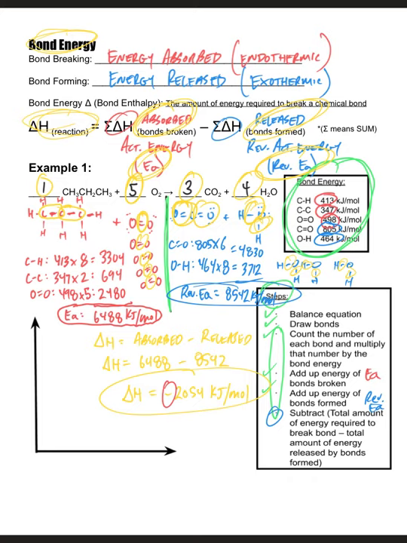That tells you what type of process this reaction is. And if you remember, if you have a negative energy output, then it is going to be an exothermic process. Versus if you come up with a positive number, you know that it's endothermic. Okay, so now that we have that, I'm going to draw the potential energy diagram for this particular reaction.